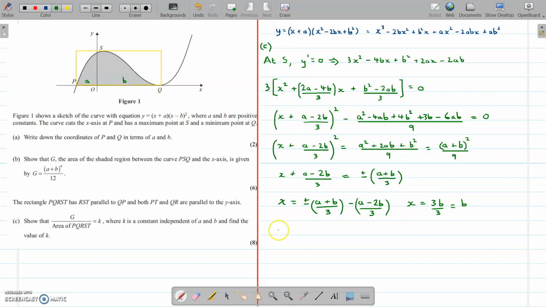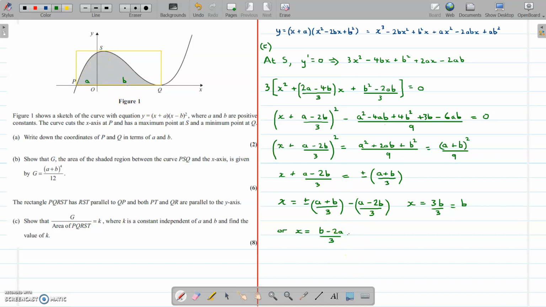Or the other value is that x equals b minus 2a over 3, and that's the one that corresponds to S.